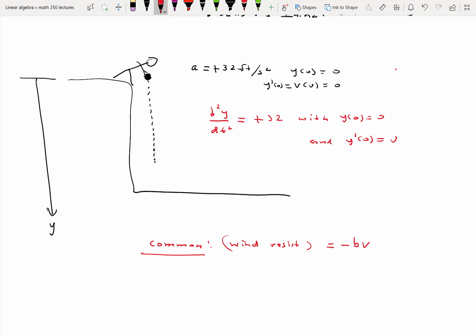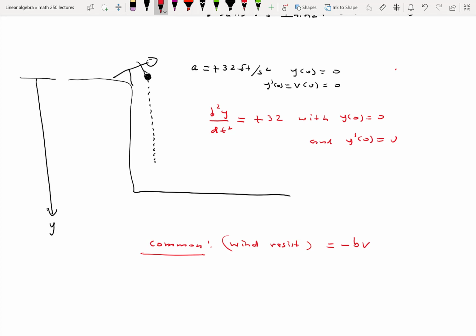It's very common to model wind resistance as directly proportional to either velocity or velocity raised to a small exponent, like 1.5 or 2.